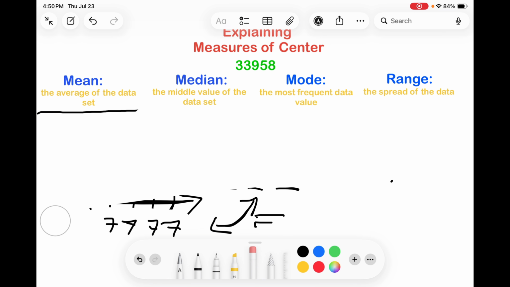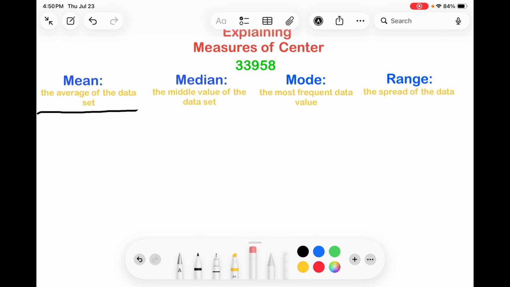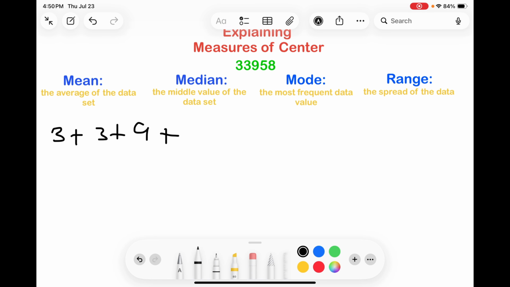So here's a really easy trick for how most people find the mean. First of all, they add all the numbers in the data set and find the sum. Then they take the number of data values, in this case 5. Actually, 5 would be incorrect.